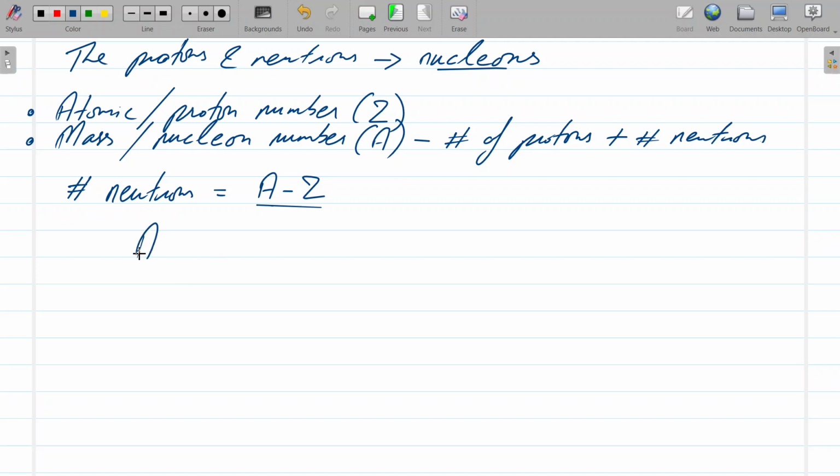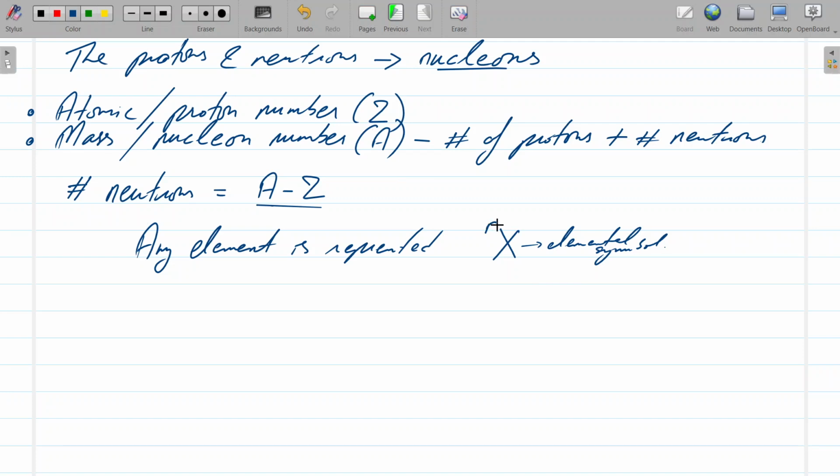Also, any element is represented this way: X, which is the elemental symbol, and then you have the mass number going up top here, and the proton number coming over here.